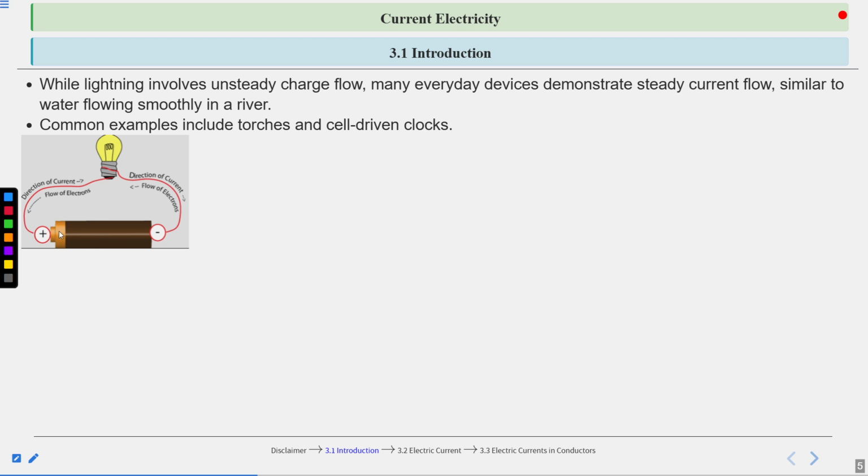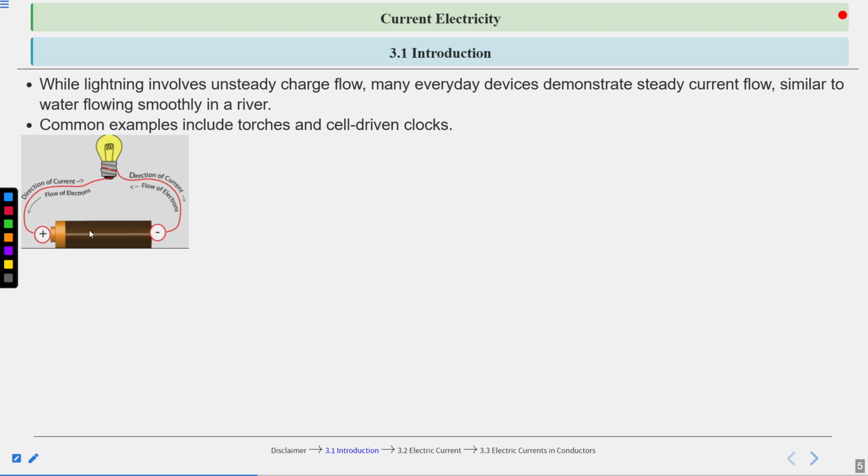Due to which positive charges accumulate on the positive terminal and negative charges accumulate on the negative terminal of the cell, so a constant potential difference is maintained till the reaction is going on. This is a spontaneous reaction. It goes on by itself for a long time.